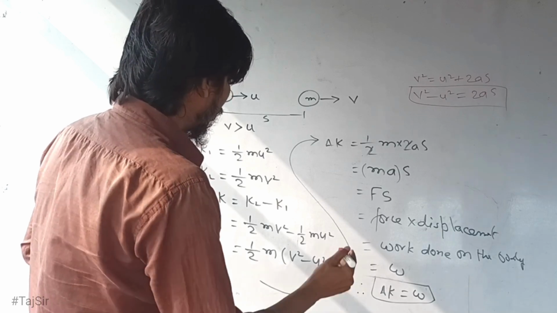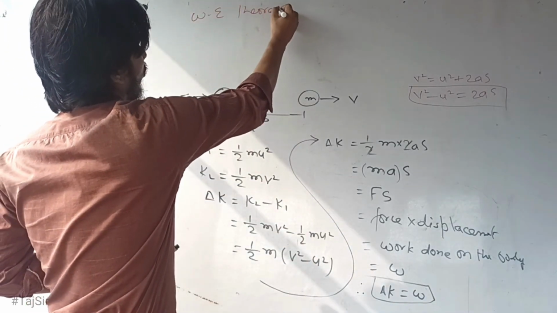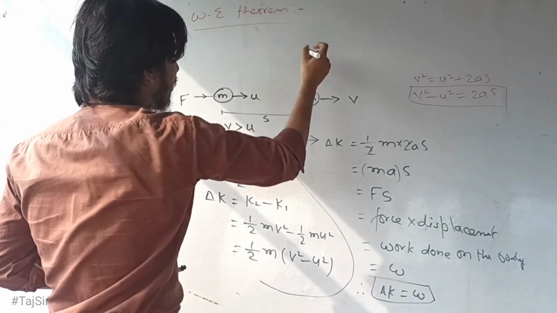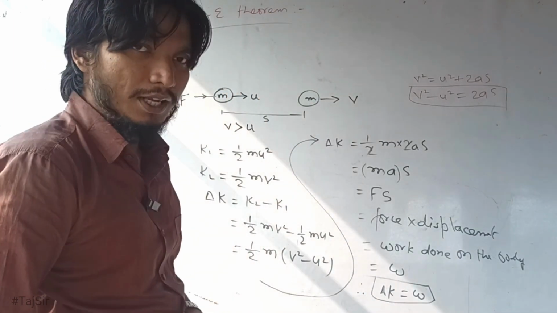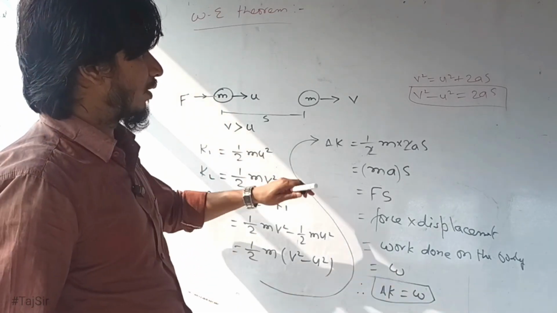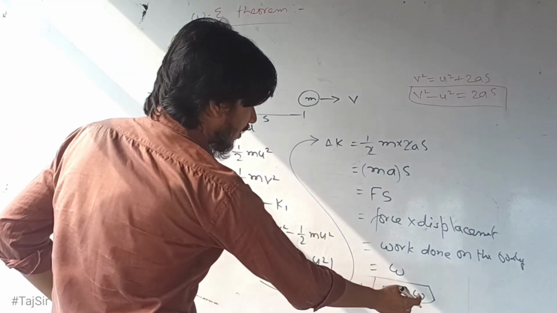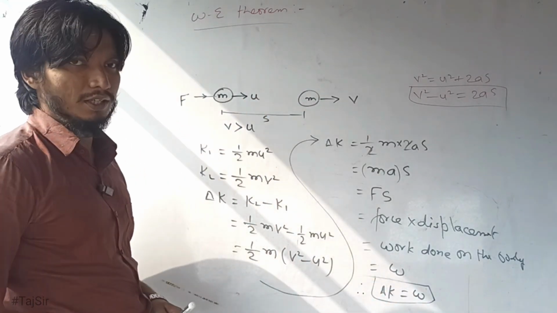So, what is the work energy theorem? The work energy theorem says that if a force is applied to a body, then some work is done, and this work is equal to the change in kinetic energy.